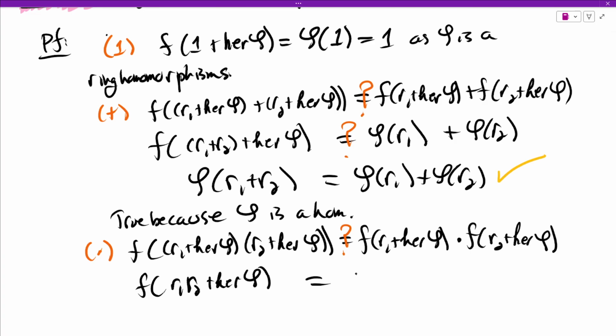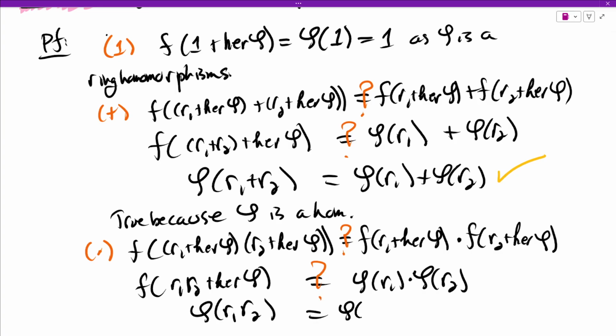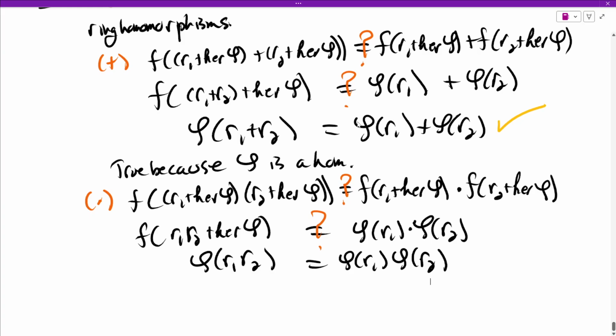And this guy is going to be phi of R1 for the first one, and then phi of R2 for the second. On the left-hand side, this is, again, plug the representative into phi. And so we need to know, is phi of R1 R2 the same as phi of R1 times phi of R2? And that's certainly true, because phi is a ring homomorphism.